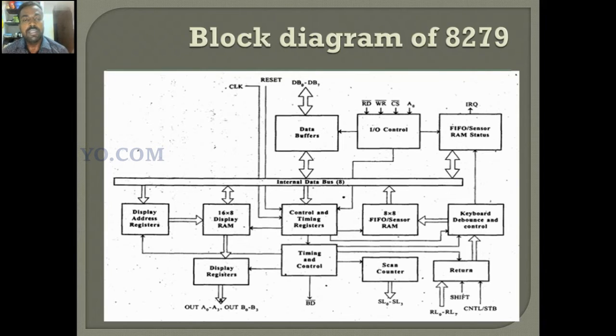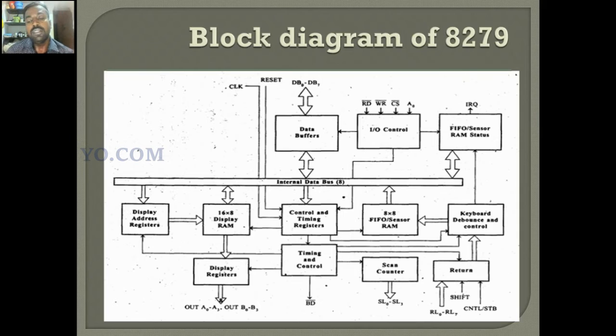The next one is the scan counter. The scan counter is used for the keyboard, to scan whether any keys are pressed or not. Then the return buffer is another block that also supports the keyboard. Here the return lines RL0 to RL7 are connected.